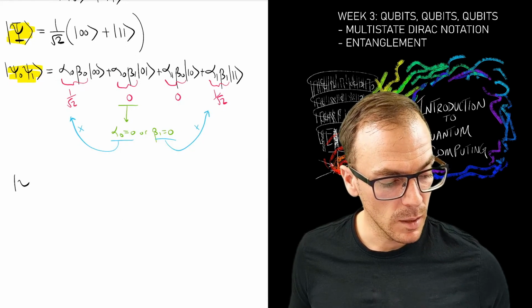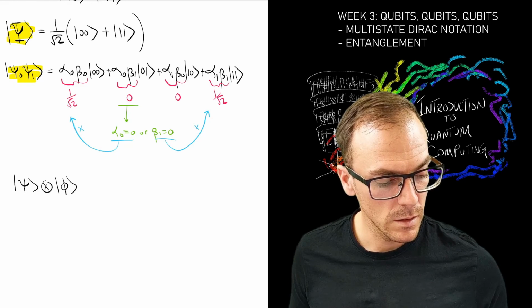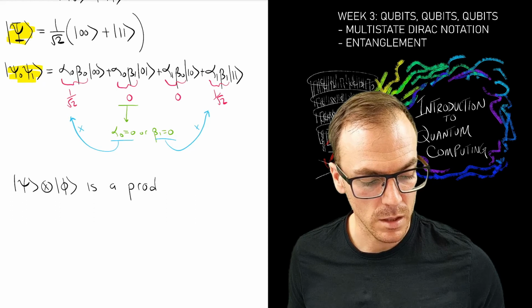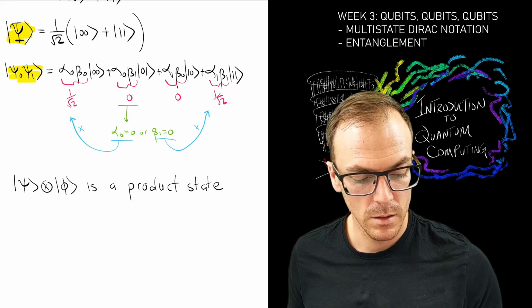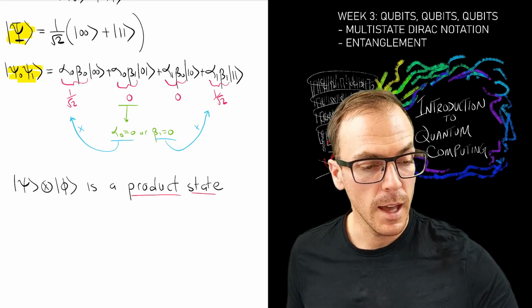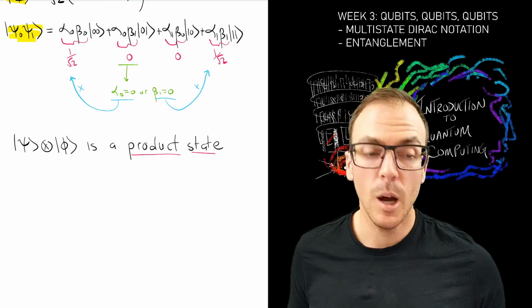A state that can be written this way is called a product state, because it's just a single tensor product. Okay, so product state, and any state that cannot be written that way.